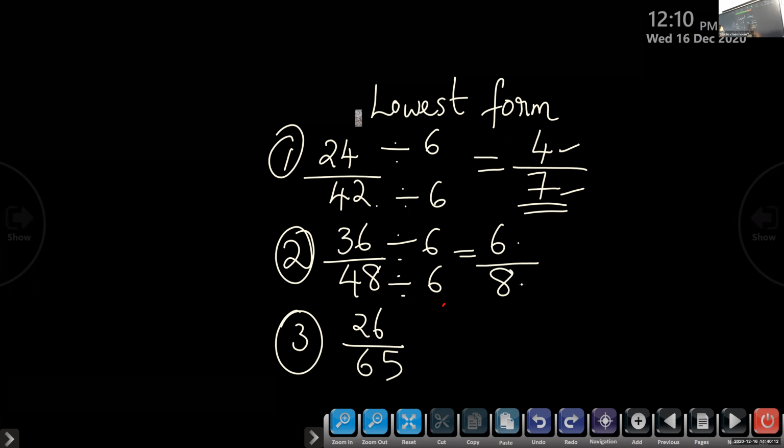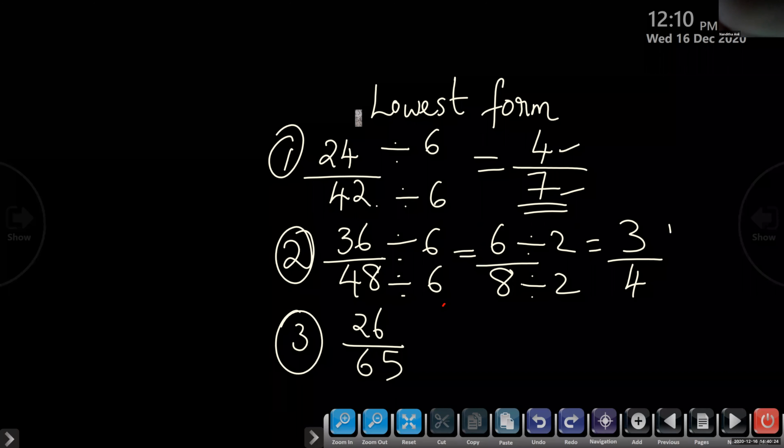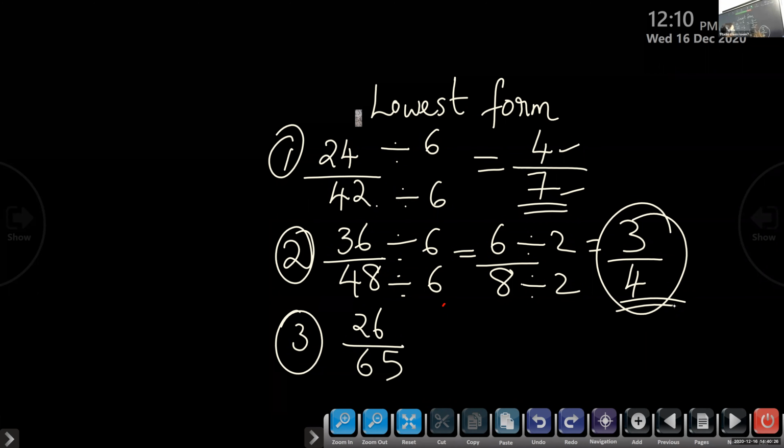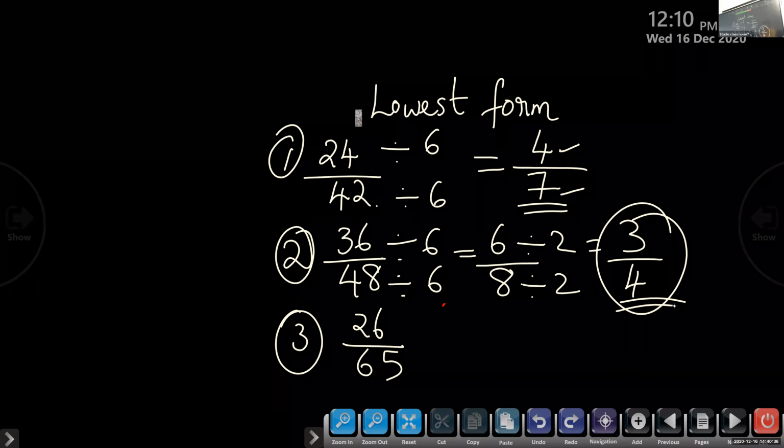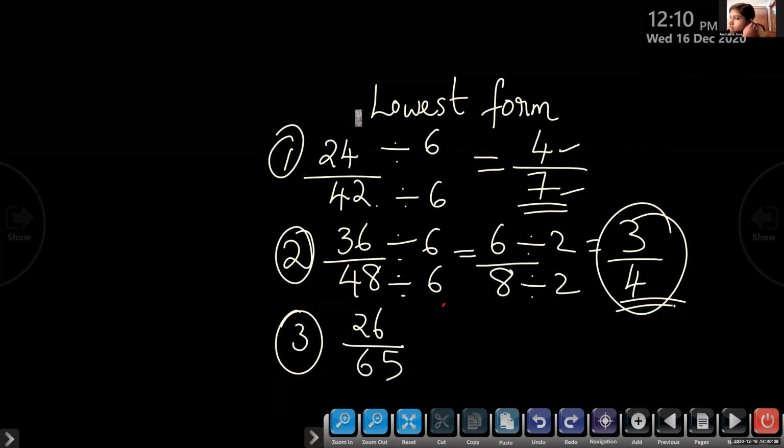Now check the numerator and denominator. It is again divisible by 2, so you have to divide again. 3 twos are 6, 4 twos are 8. So the answer is 3 by 4. Now you can see that 3 and 4 are not divisible. We cannot make this smaller, so 3 and 4 have no common factors.